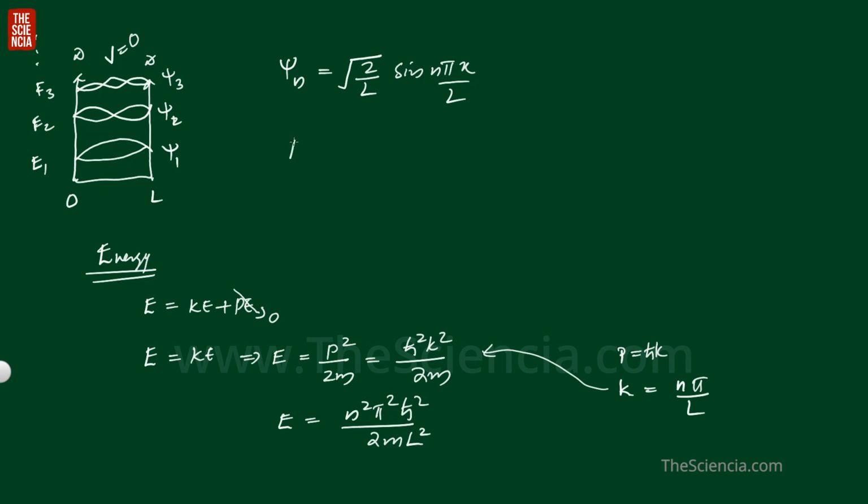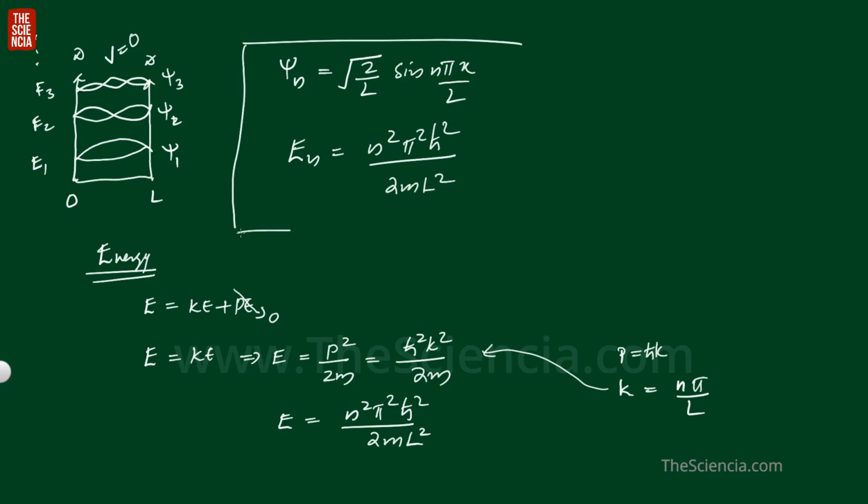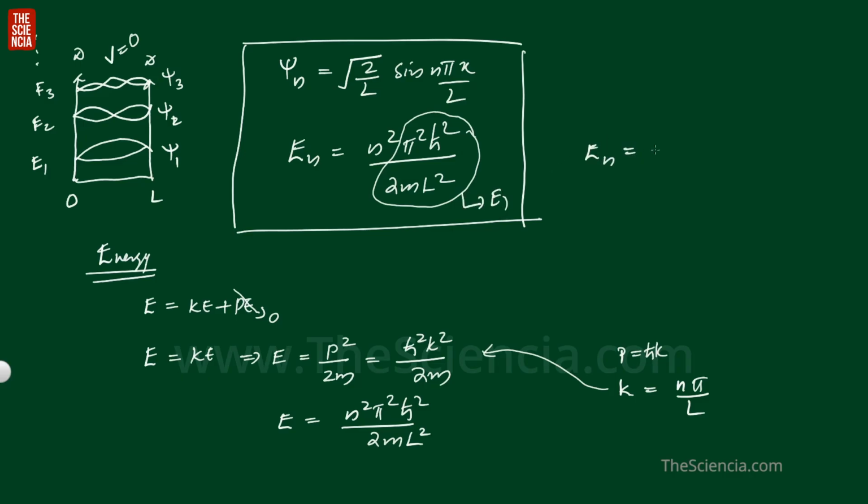That is, the energy En is equal to n square pi square h cross square by 2m L square. These two are very important equations. If we consider this term as E1, the energy of the ground state, then we can rewrite En as equal to n square E1.